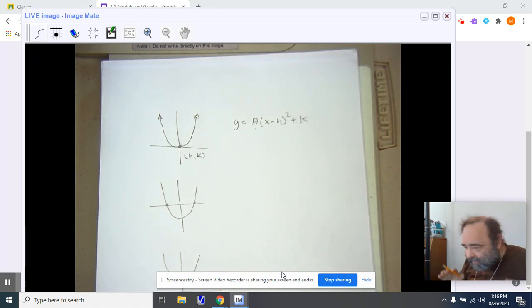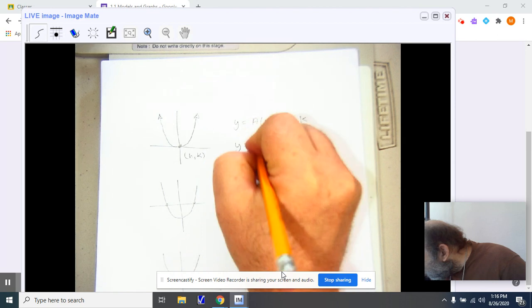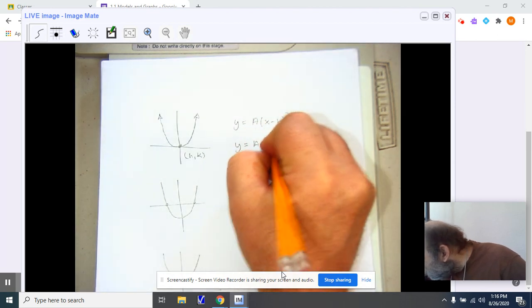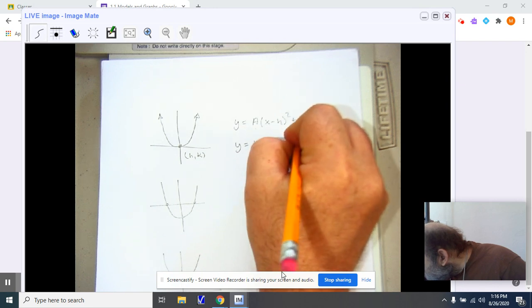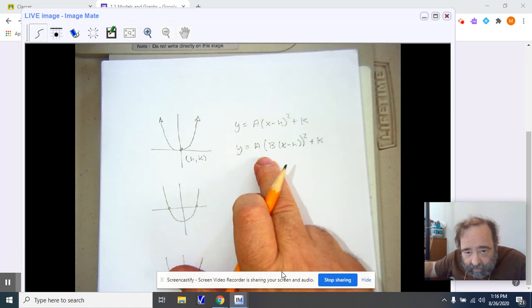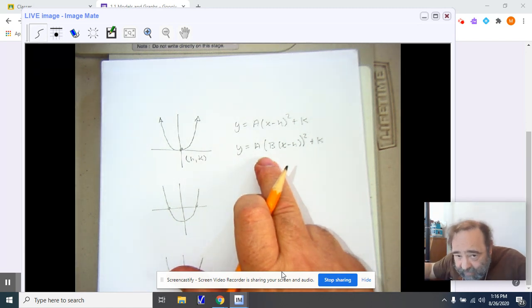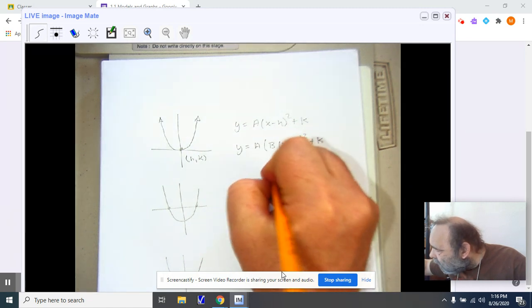Please be aware that we have a lot of different rules that go with this. For example, if I have a value b inside, like so, b here is also having an influence on the dilation, but the dilation is equivalent to 1 over b.